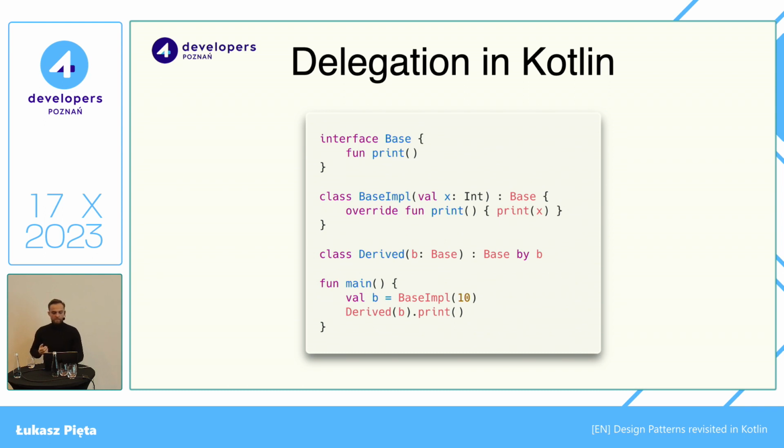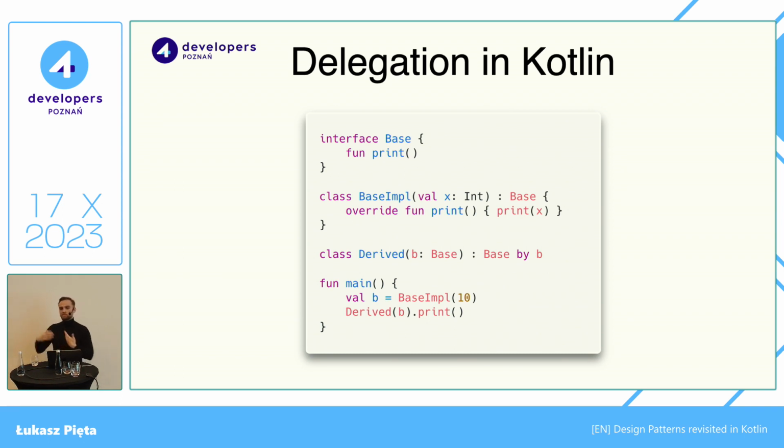So let's consider that we have some base interface. We have some implementation of that base interface. And what we want right now, the second class here, Derived, is a type of Base. And the derived class doesn't want to implement this interface, because it knows that there is someone in the company who knows how to do it, and I don't need to do it.